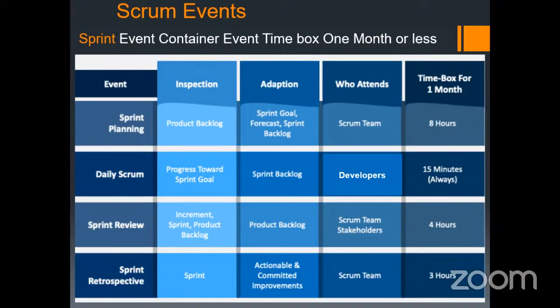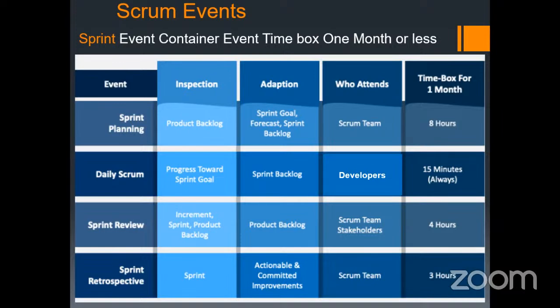Similarly, another event is the sprint retrospective. That is a 3 hour event for a 1 month sprint. Here inspection is done about the sprint, whatever was done in the current sprint in 1 month. What went well, what went wrong?